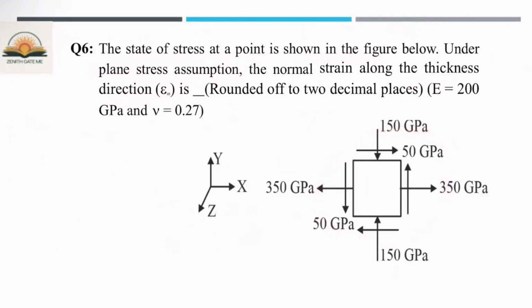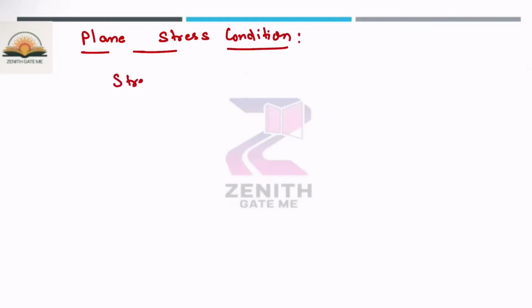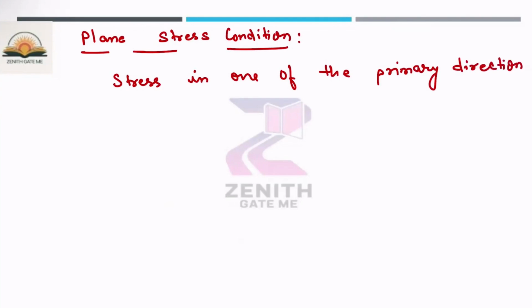So first of all, what is plane stress condition? So the plane stress condition is nothing but the stress in one of the primary direction, let us suppose z direction is 0.